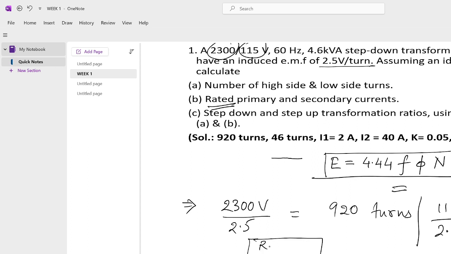Rated nameplate details are the rated values of the transformer. That means when you apply 2300 volt as the rated voltage, it will be able to deliver 4.6 kVA apparent power. So apparent power S is given as V into I. From there you can find out the currents.